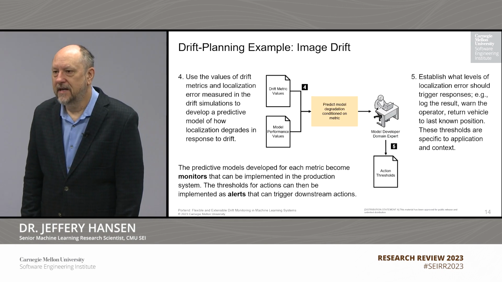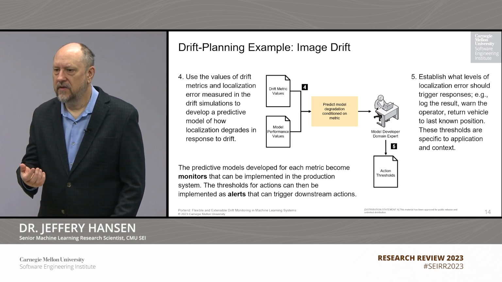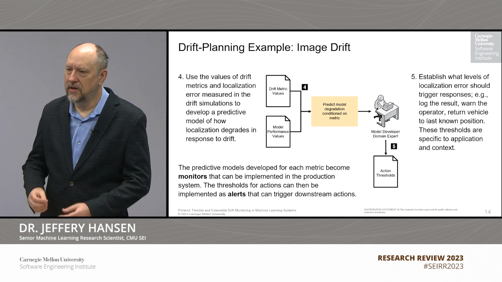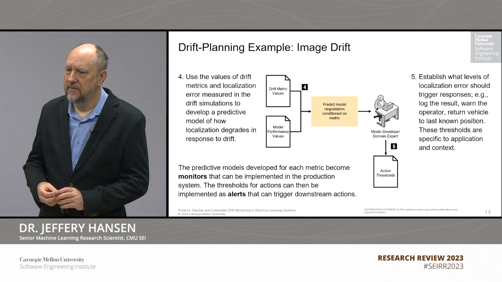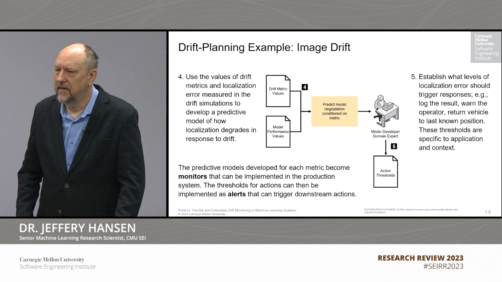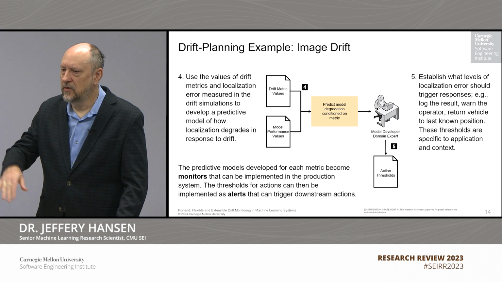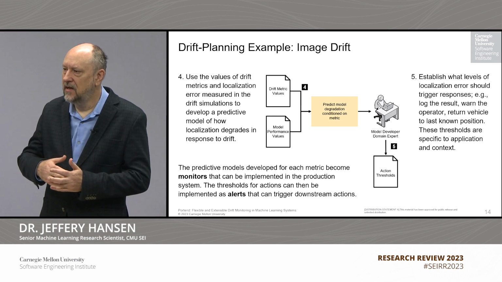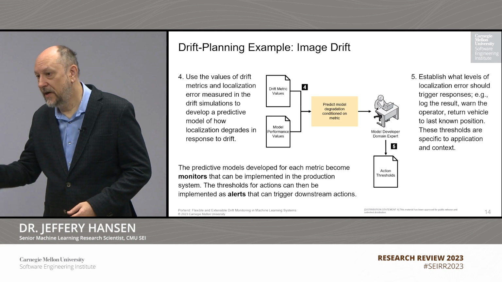Finally, we take those drift metric values and the model performance values to predict how much degradation occurs as a function of the different metrics. That will help us, the model developer and domain expert, generate the action threshold, the point at which the system will alert and say, hey, there's too much drift, we better do something about it.